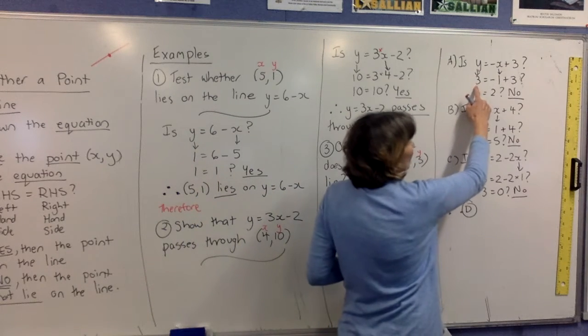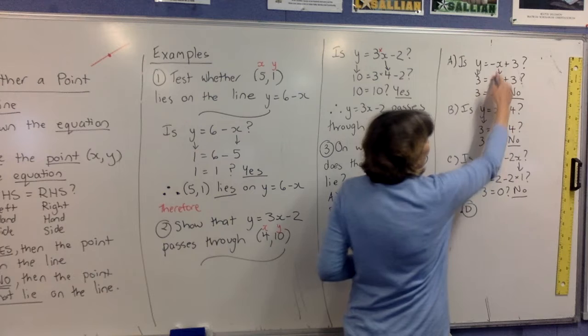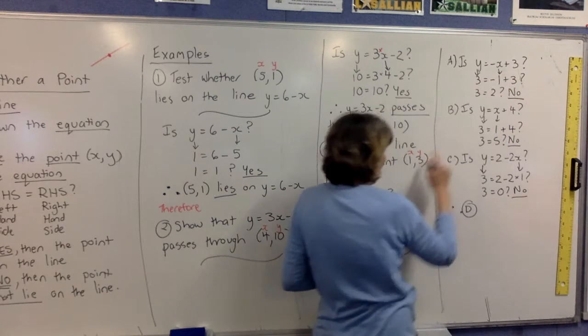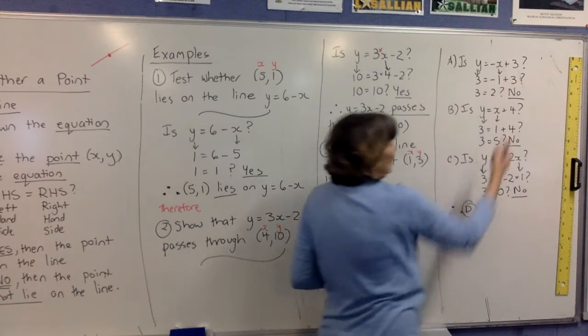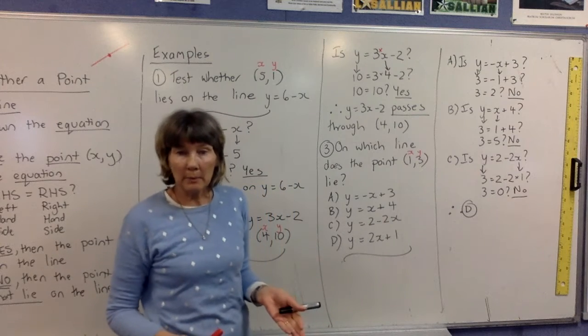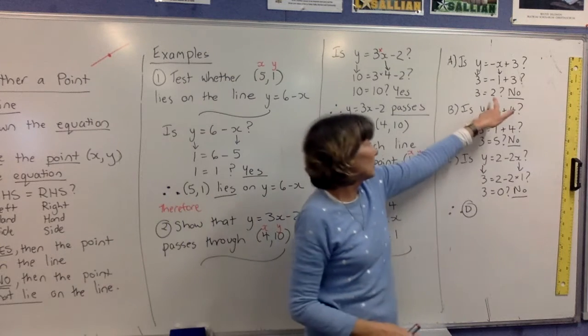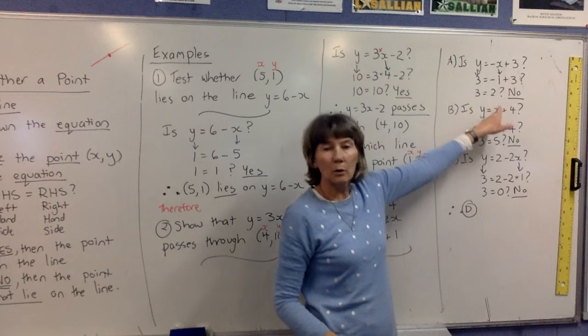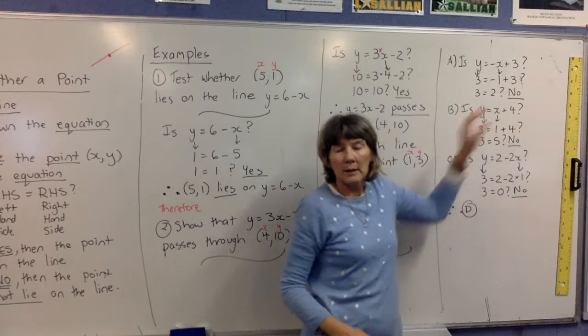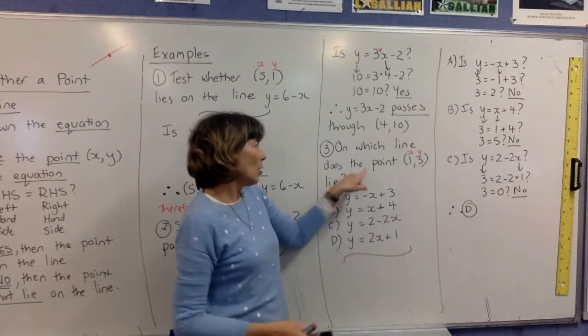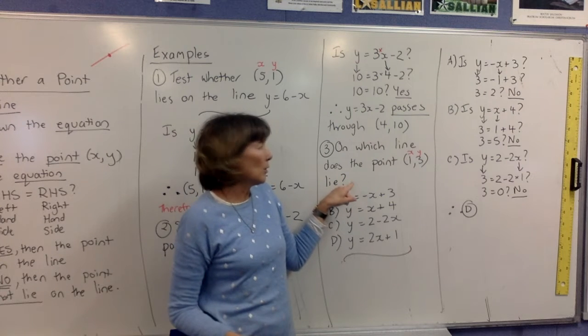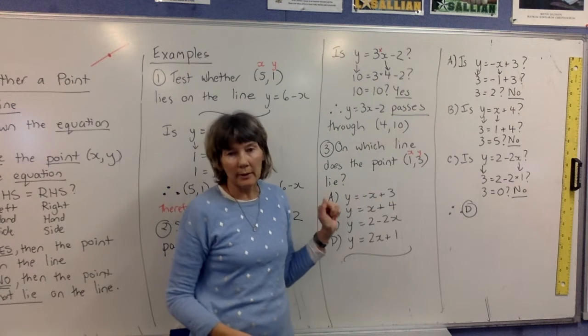So we're now going to have 3 equals minus, copy that minus, the x is 1 plus 3. Work out the minus 1 plus 3 on your calculator and you'll get a 2 over there. Does 3 equal 2? No. So that means the point is not going to be lying on that line. So A is not our answer.